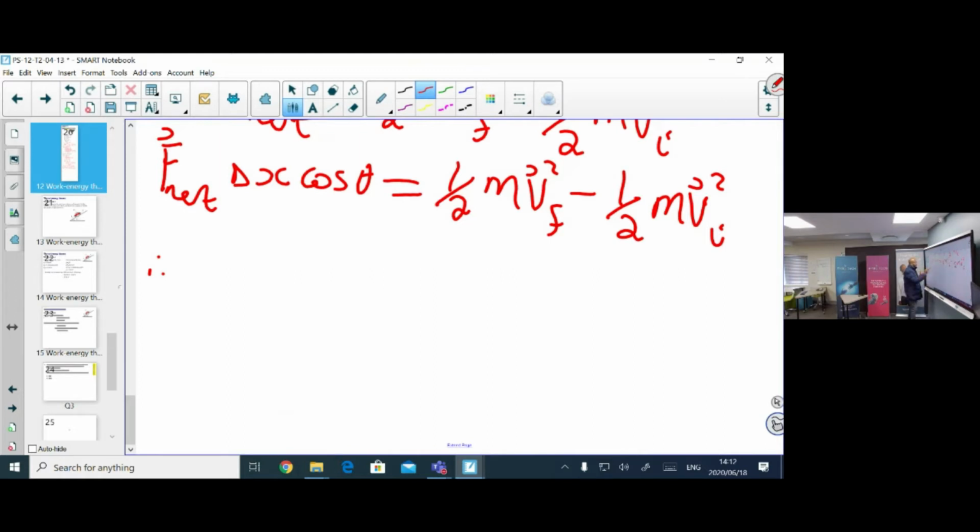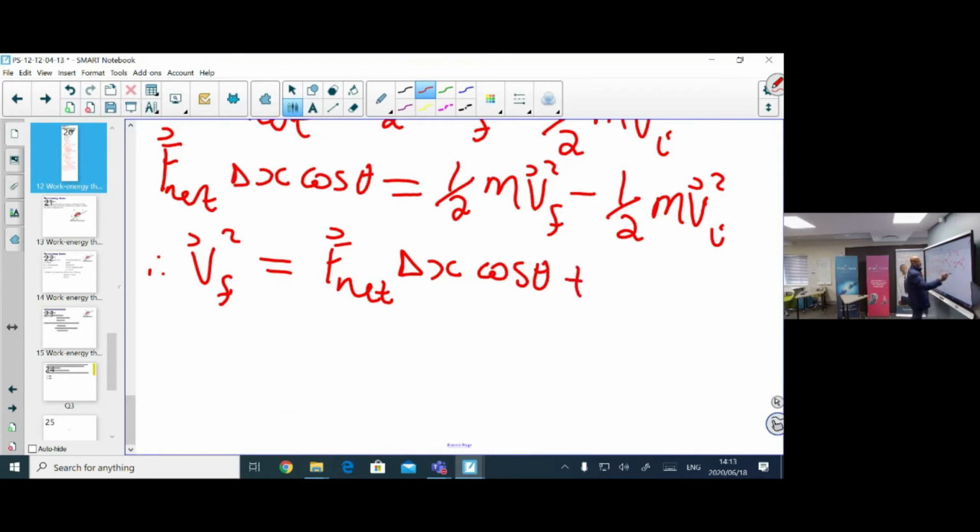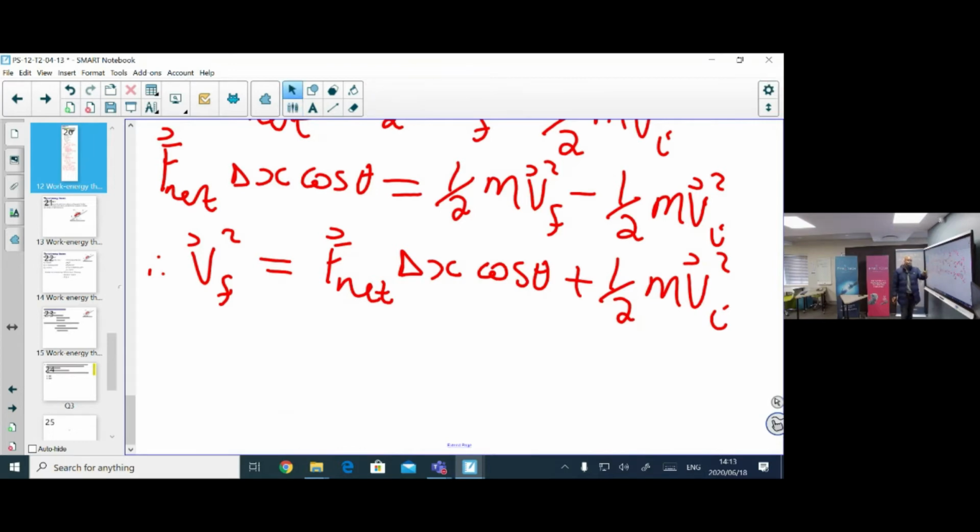Let me just take it as it is squared, I didn't do anything, which is equal to, you take whatever you have as the initial kinetic energy to the other side. We are going to have F net, change in x, cos theta, plus half m v initial squared. If we look at that, you just take it as it is, it goes to the other side and changes sign. That is why we have plus half m v initial squared.